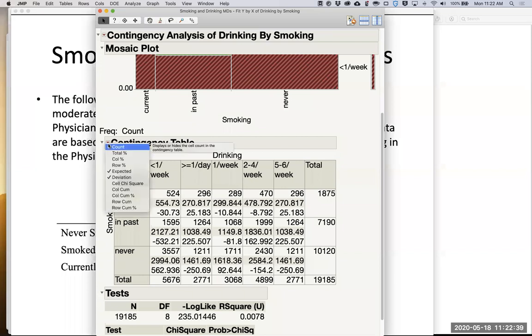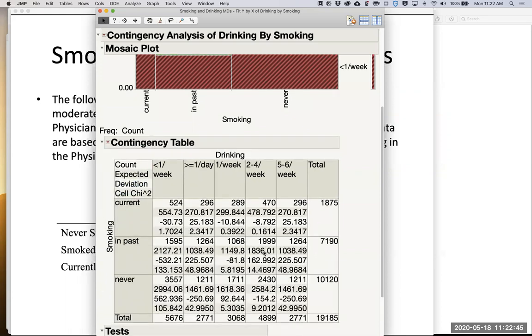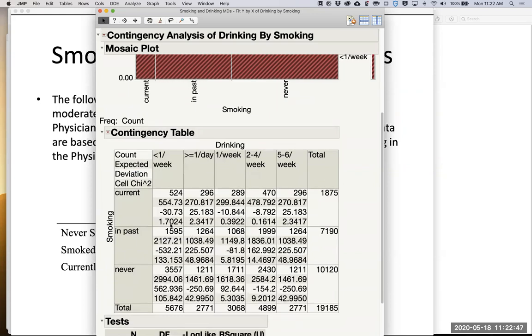If I were to also show you the cell chi-square value, this is the contribution to chi-square from a particular cell. So the observed minus expected squared over expected, in this case is 1.7. The observed minus expected just alone is the negative 30.